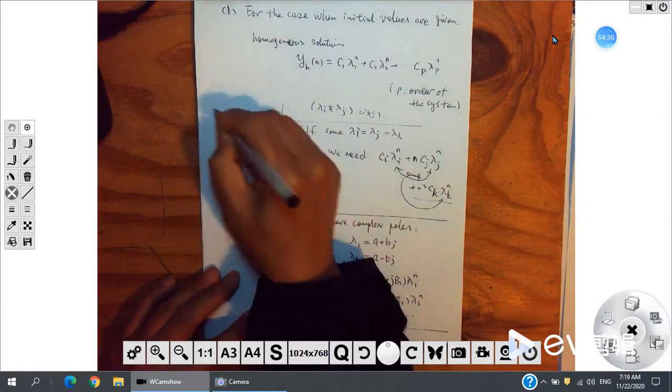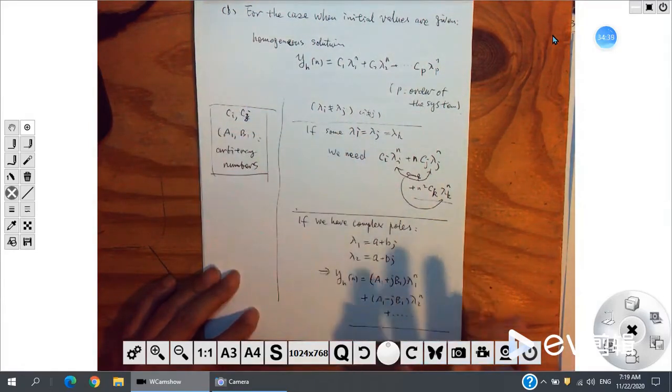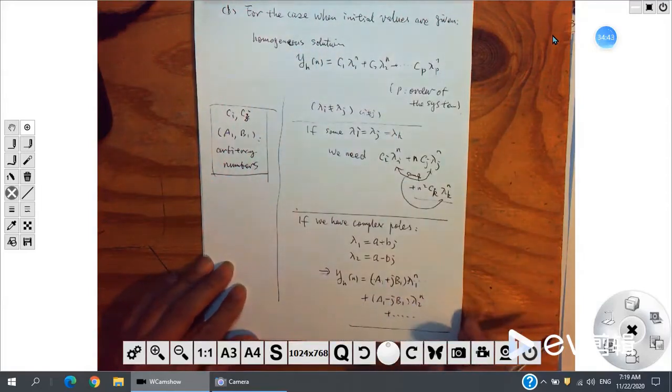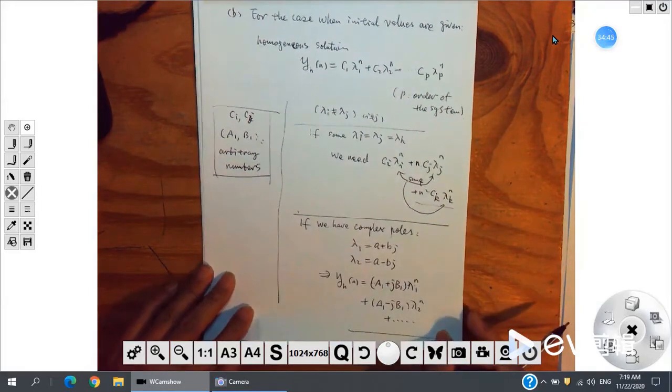Arbitrary numbers. It could be any number. So actually, you have infinite solutions for the homogeneous part. Okay.